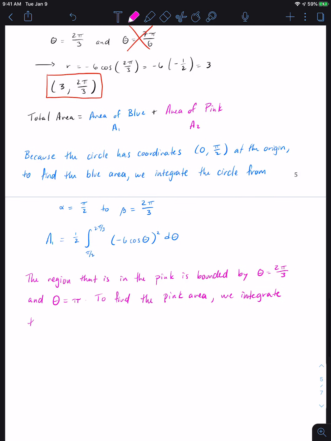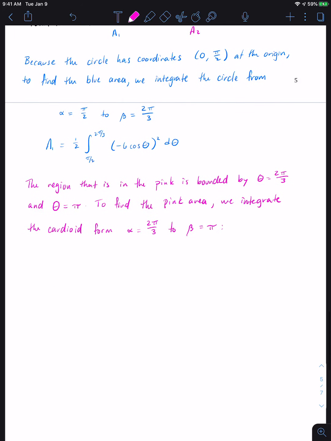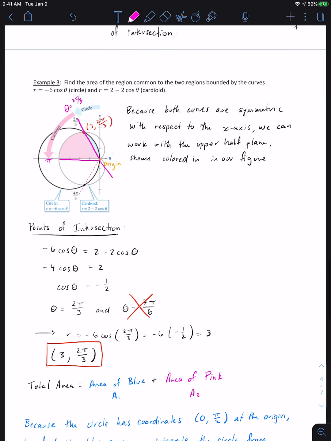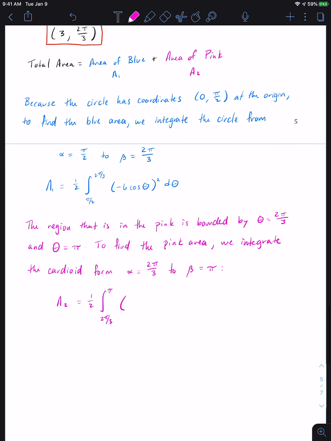We integrate the cardioid from alpha equals 2 pi over 3, where we start, to beta equals pi. So A2 looks like 1/2 the integral from 2 pi over 3 to pi of the cardioid, which is 2 minus 2 cosine theta squared d theta.